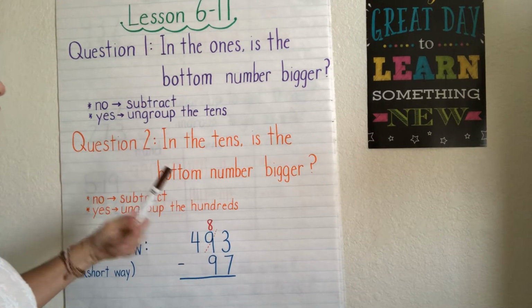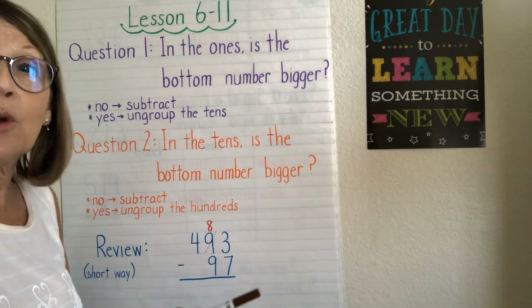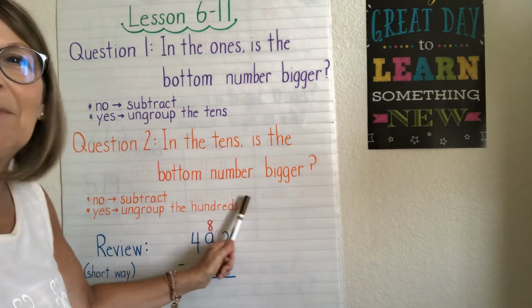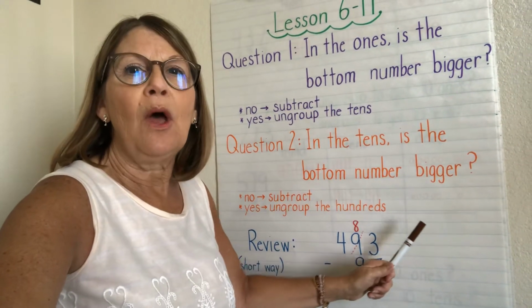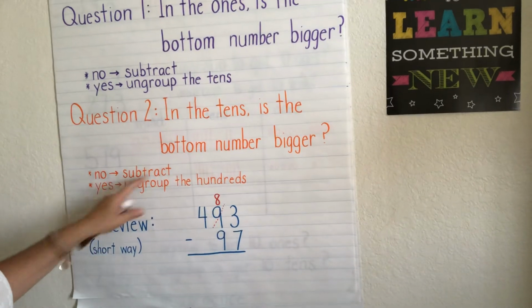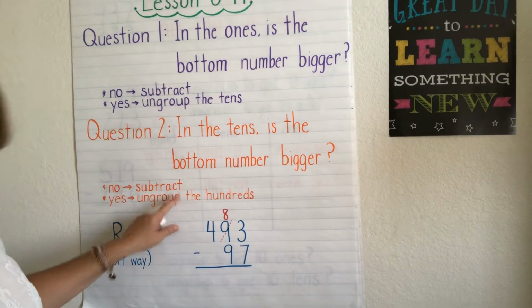And after you do that and you get ready to subtract in the tens, you'll ask yourselves question number 2. In the tens, is the bottom number bigger? Because sometimes it's going to be. So if it is, then yes, you have to ungroup the hundreds. If it's not bigger in the tens, you can just go ahead and subtract in the tens.